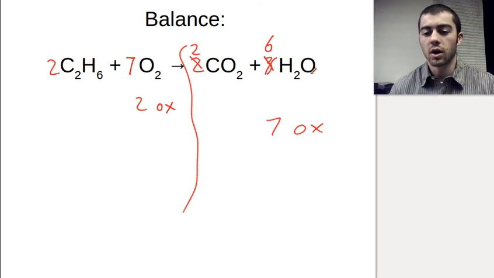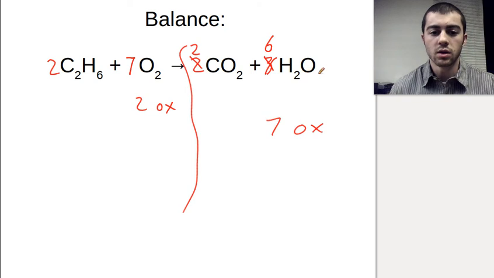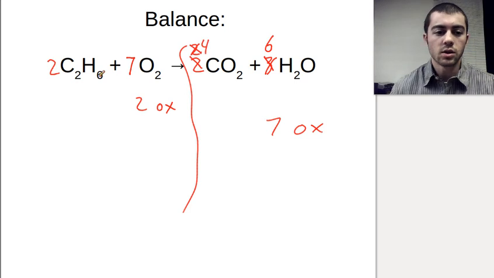This multiple method is a little harder to see in this example, but basically, I meant multiply by 2 here, and this would then give us 4. 2 times 2 would give us 4. So by doing this, we now have 4 carbons.